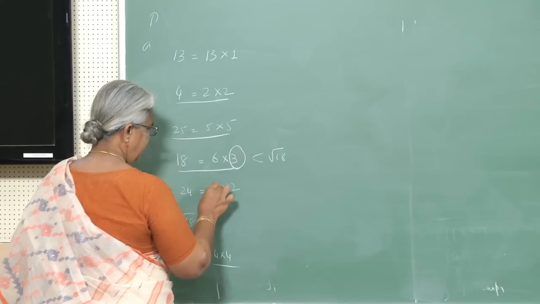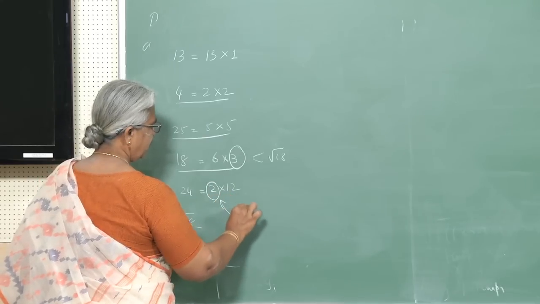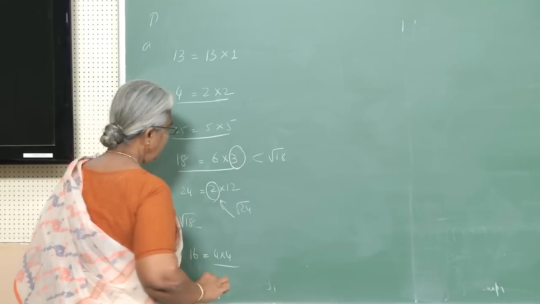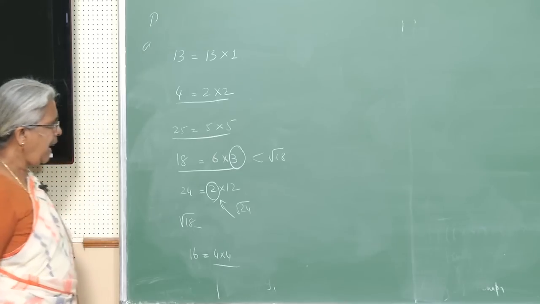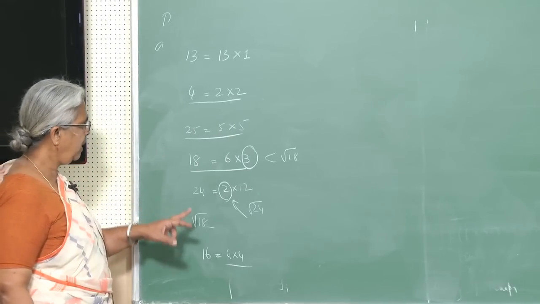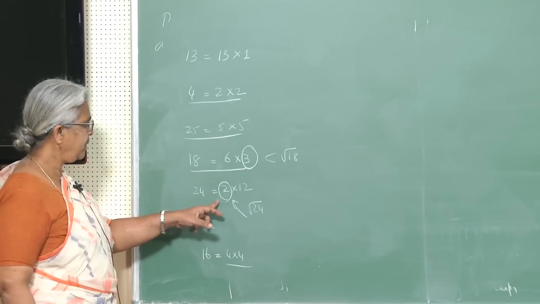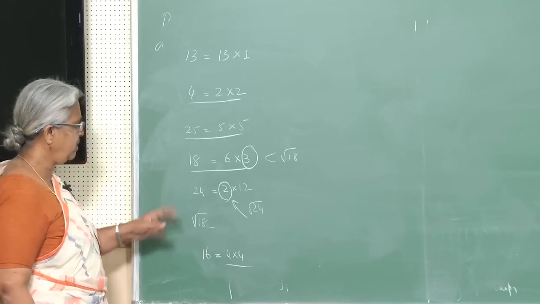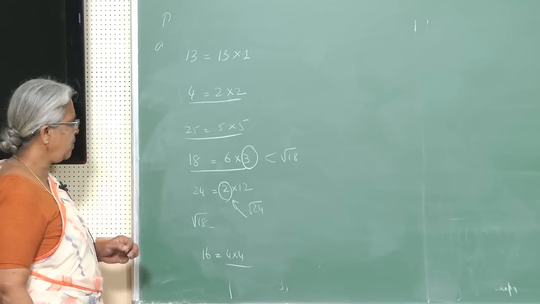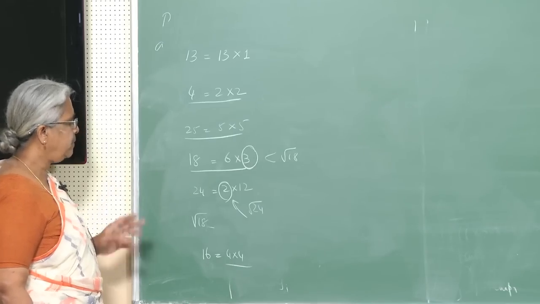Similarly, here you find one factor which is smaller than the square root of 24. So, what it tells us is, I do not have to check for all the numbers going from 2 to n minus 1. All that I need to do is check up to the integer square root of the number, and if the number is divisible by any of the numbers up to the integer square root, then I do not have to test beyond that.